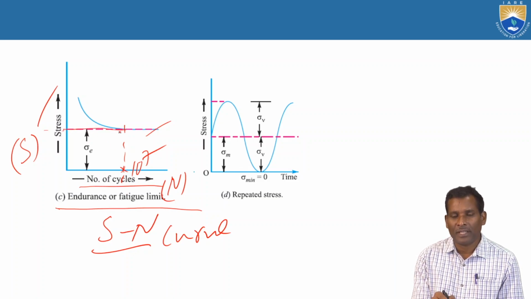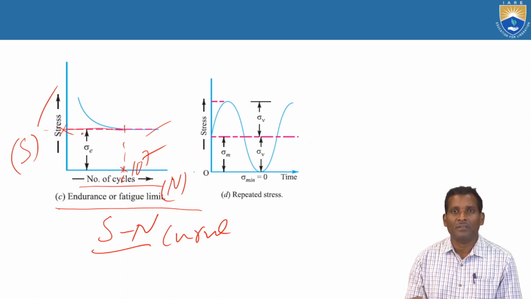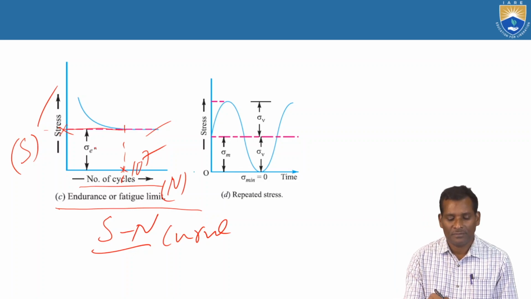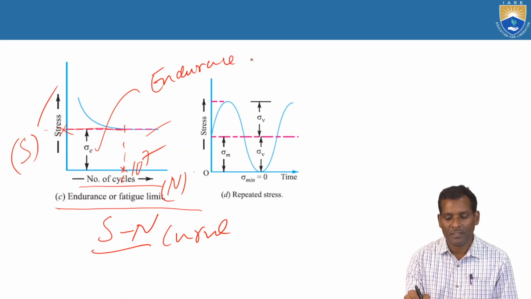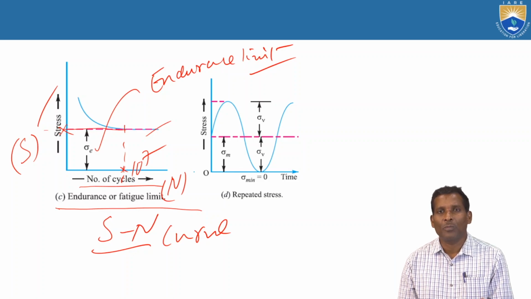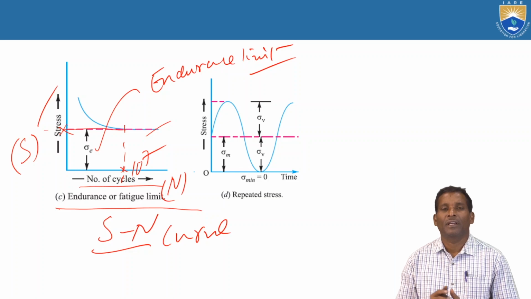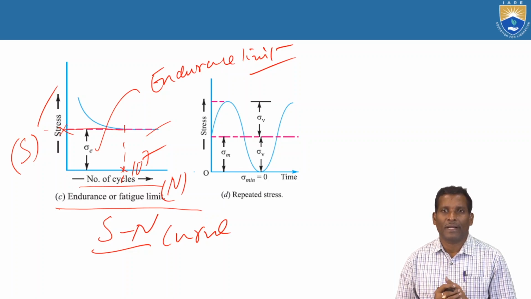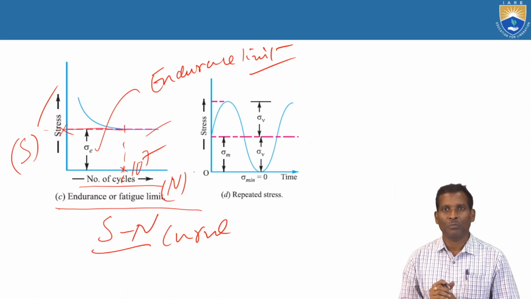At this number of cycles, the stress is the endurance strength, the endurance limit. This value depends upon the component material and the type of loading. That's why we take load correction factors while solving problems.